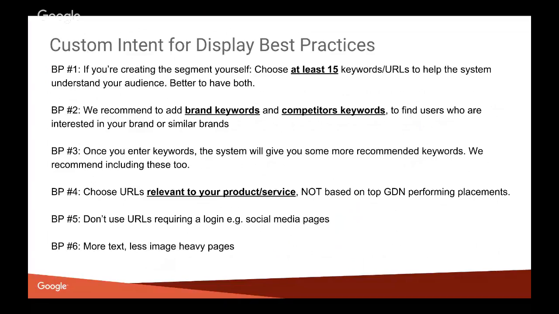A typical example would be that if you are running an ad for a fashion advertiser, make sure that you add the URL of their competitor, but not Amazon or eBay, because those are shopping portals where the audience is literally everyone. So make sure that you are only adding URLs that are relevant to your client's brand, and definitely the competitor brand of the same category would be the ideal choice.